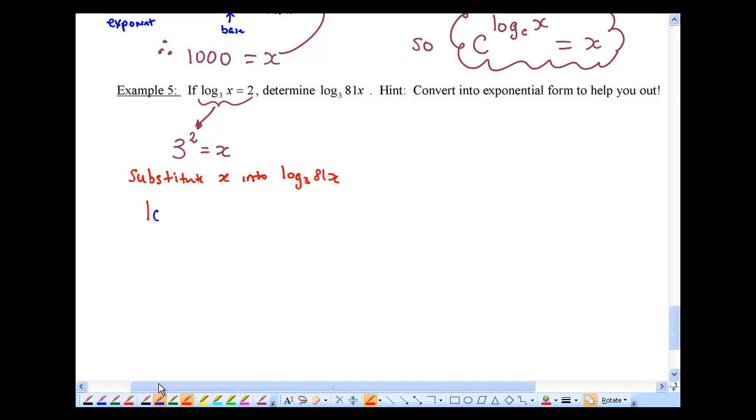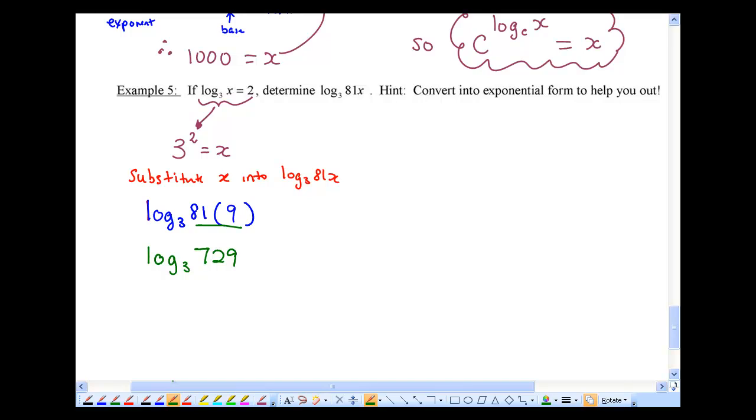If you do it that way, it becomes log base 3 of 81, and x now becomes 3 squared. Well, that's just the number 9, right? So we'll write down 9. So then I guess you have to do 81 times 9. So 81 times 9, I believe, is just 729.